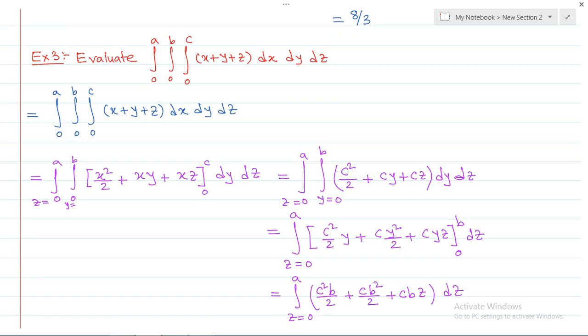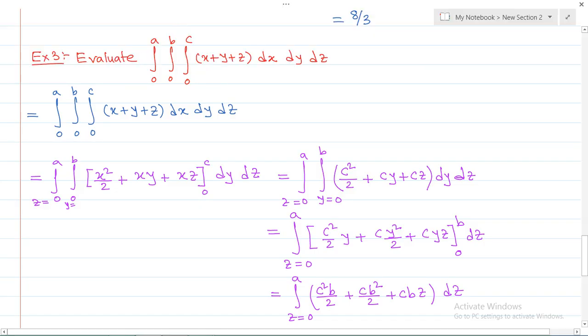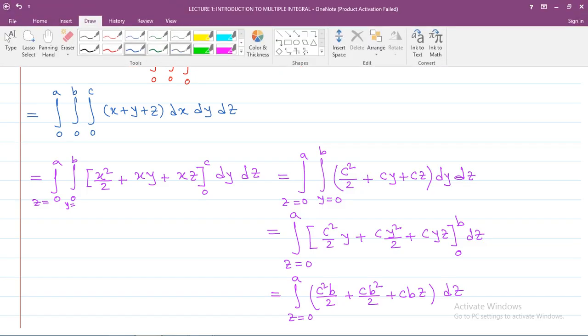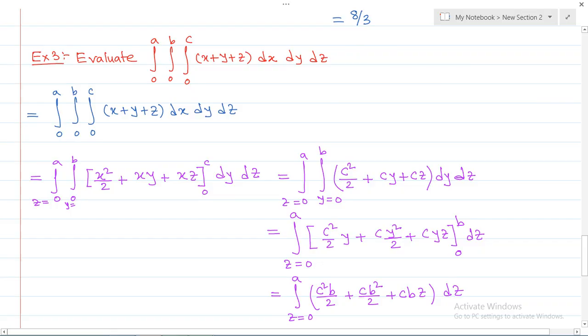Since it is the constant limit case, we can do it like the double integration also. Here you can see nothing is mentioned inside this integration about which one is the limit of which variable, that is 0 to a, 0 to b or 0 to c. They have not mentioned anywhere which one is the limit of which variable.